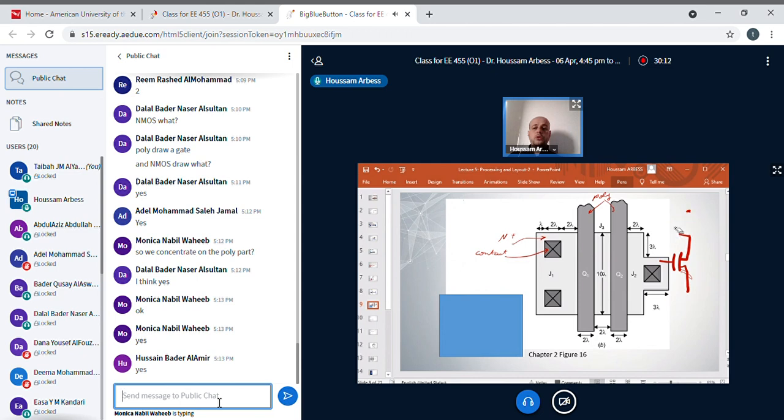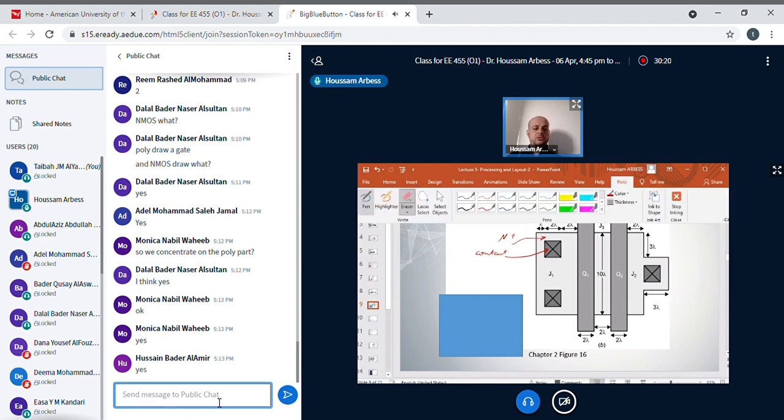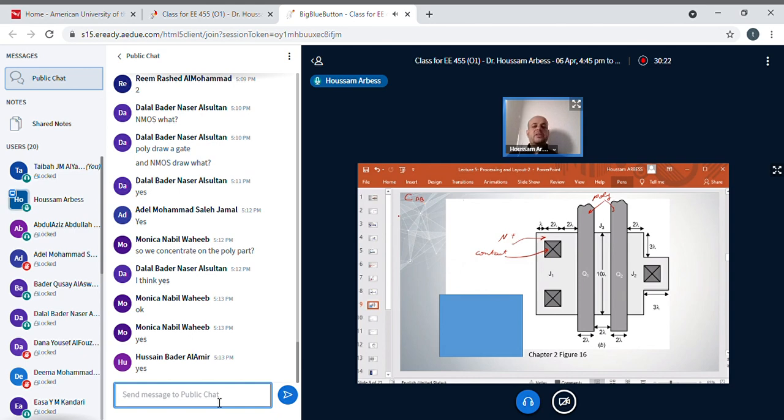If you want to talk about the junction capacitance, here is P, here is the drain, you have here N plus, here is P. We have a capacitance between the drain and the body, and this capacitance is a junction capacitance.